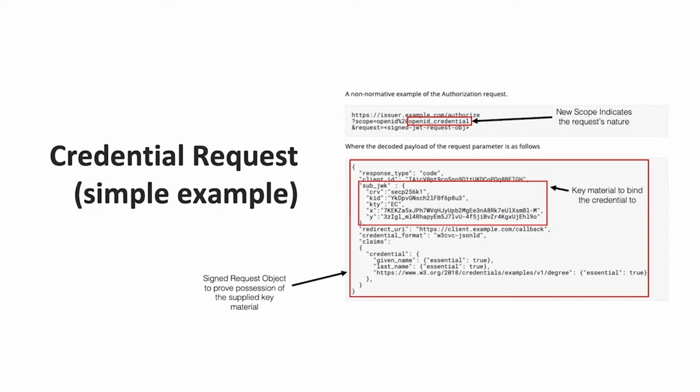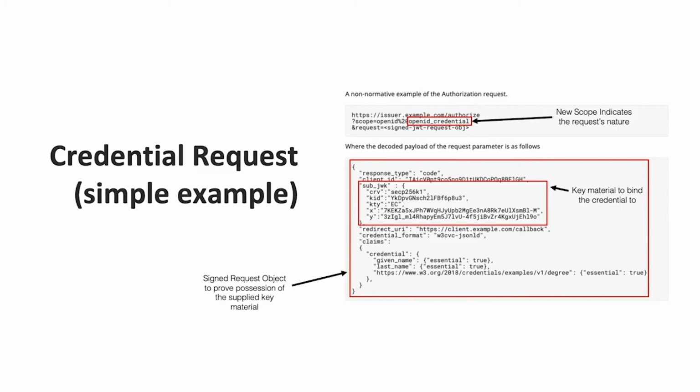The other things we have changed or added in order to create this credential request is fundamentally a credential has to feature some form of binding to the client requesting it, to the wallet, some cryptographic material so that the credential itself is provable with an authenticated mechanism using cryptography.